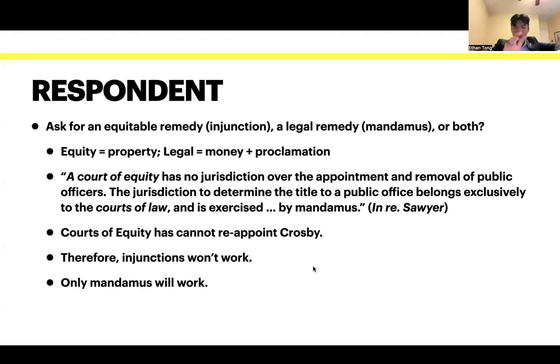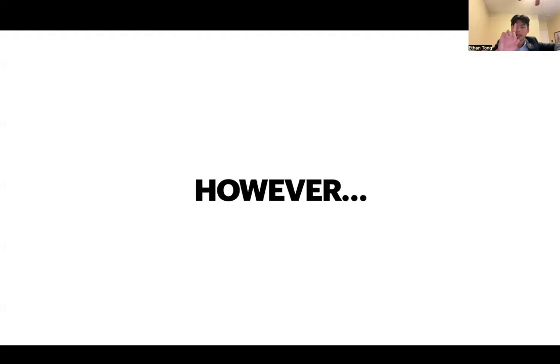So if you buy this argument, which I'm going to show a counter argument to in a second, only a mandamus could possibly work according to this quote from In re Sawyer. However, there are different theories about whether this case still holds true. A minute ago, I told you that in the English courts, they were split, courts of equity and courts of law.